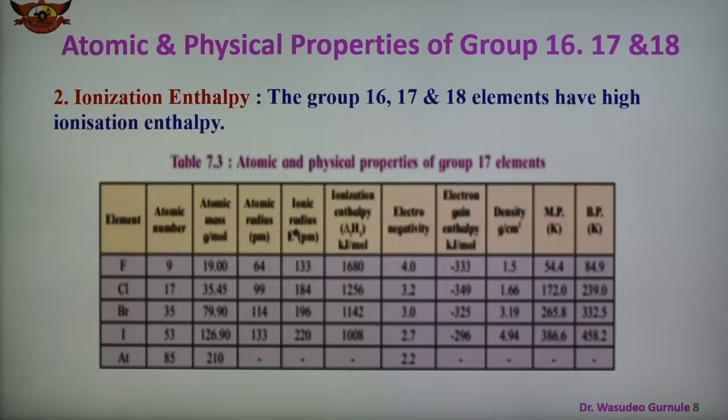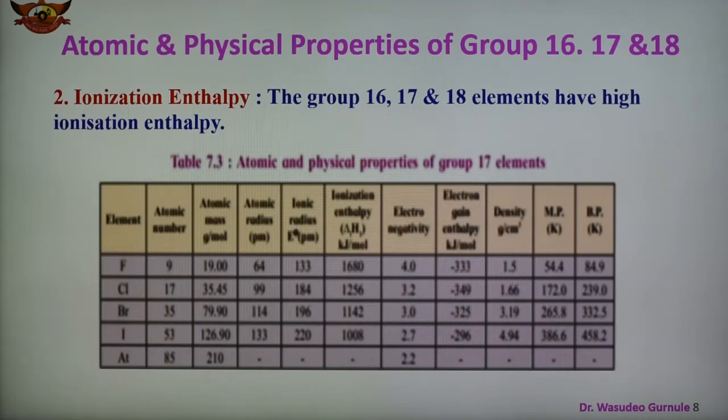As we know that force of attraction increases from left to right in the period, and force of attraction decreases from top to bottom in the group, it is difficult to remove an electron from the outermost shell across the period, and therefore ionization enthalpy increases. As we go down the group, the force of attraction decreases, and therefore it is easier and easier to remove an electron from the outermost shell, and therefore ionization enthalpy decreases as we go down the group in all the three groups.